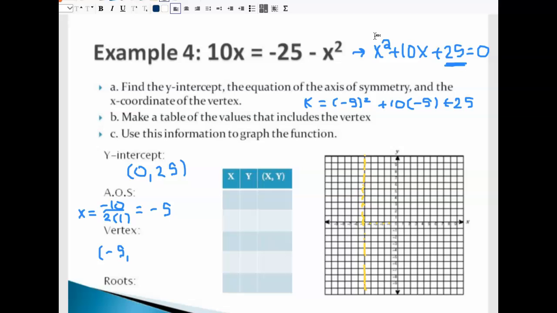So negative 5 squared is 25, minus 50, plus 25. 25 plus 25 is 50, and 50 minus 50 is 0. So that gives a vertex of (negative 5, 0). That's the first point in my table.